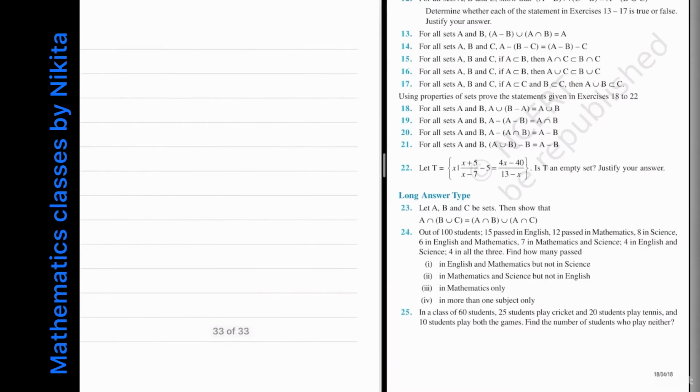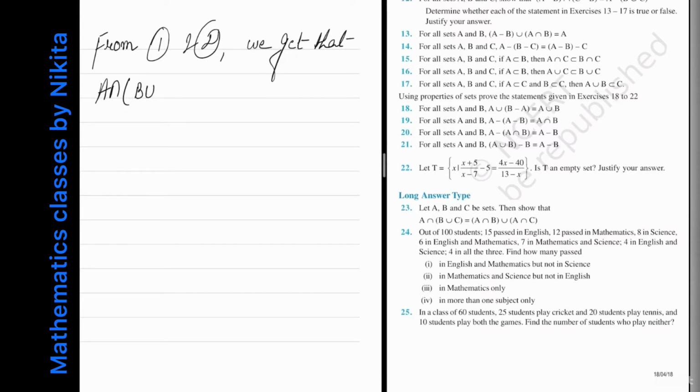And from 1 and 2, we get that A intersection B union C is equal to A intersection B union with A intersection C. So hence proved.